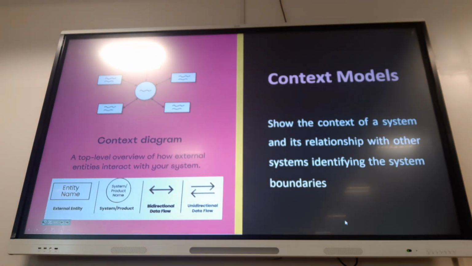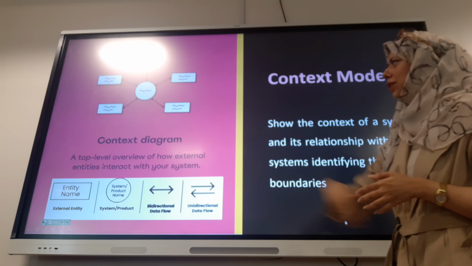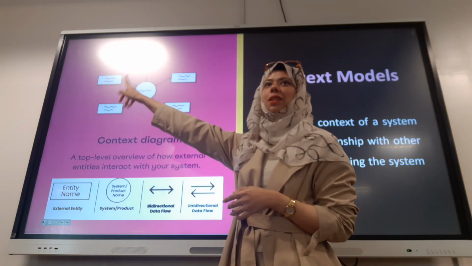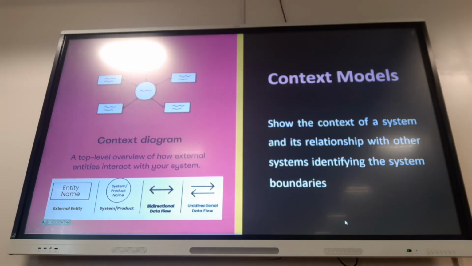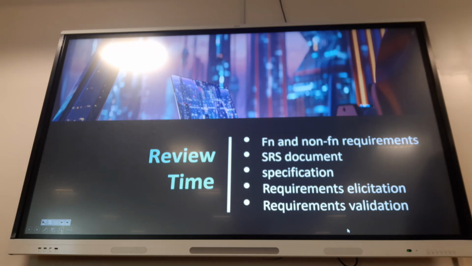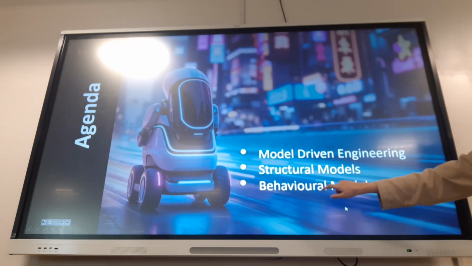Let's get started with the basic type. We call it context diagram. Okay? So what's a context diagram? Something similar to what you see here. Okay? Just to give you an idea, we talked about two types, structural and behavioral.